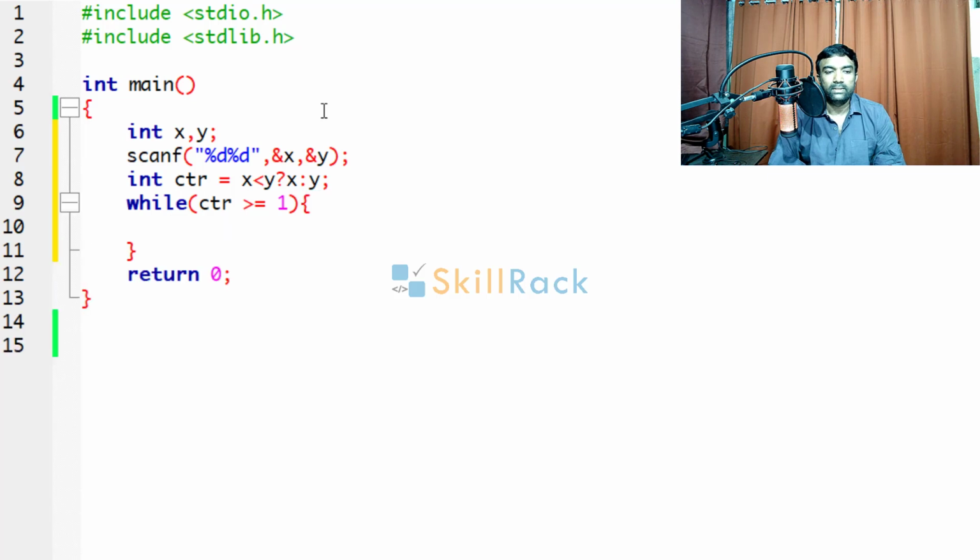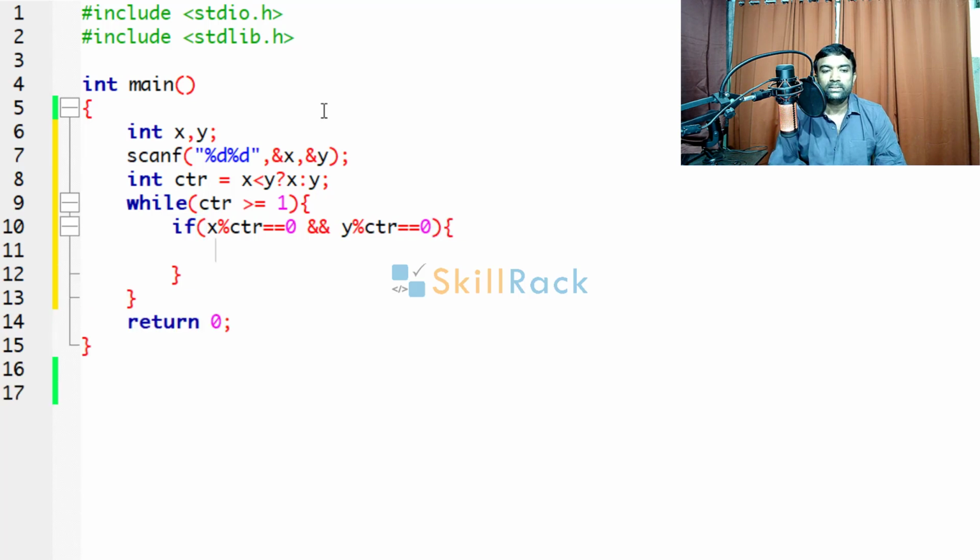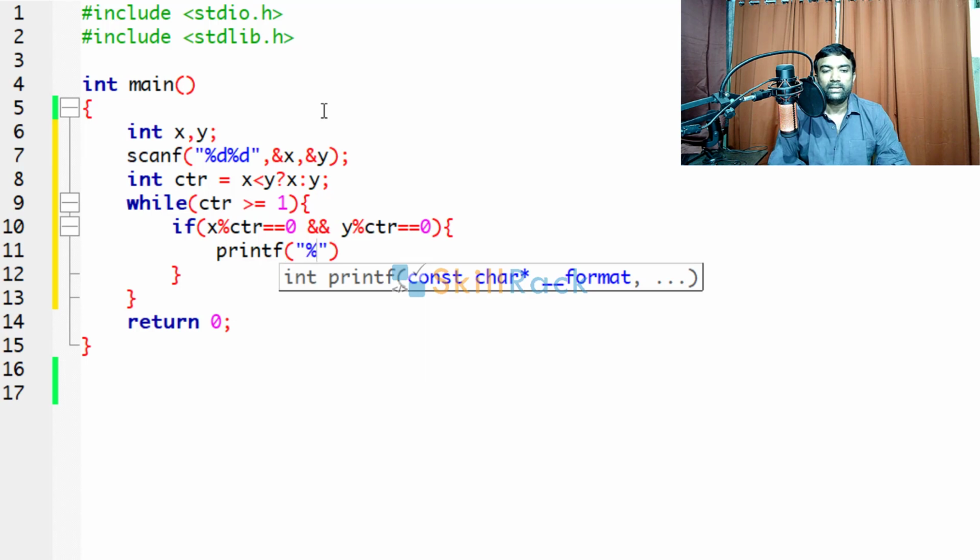So we are having this condition and then we are checking if x modulo counter equal to 0. This means the counter is dividing x, and y modulo counter equal to 0. So if both these conditions are satisfied, then that value is the HCF.